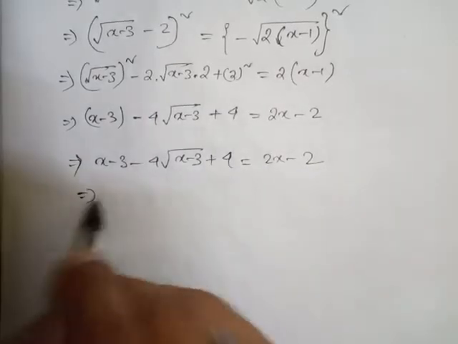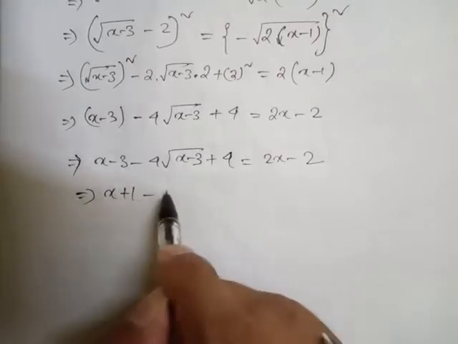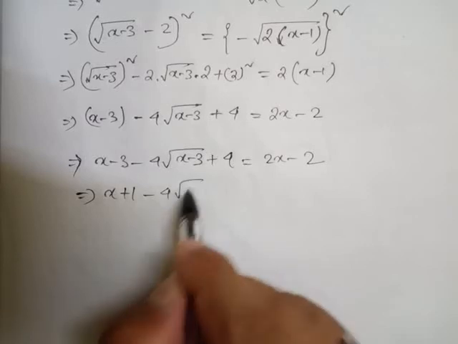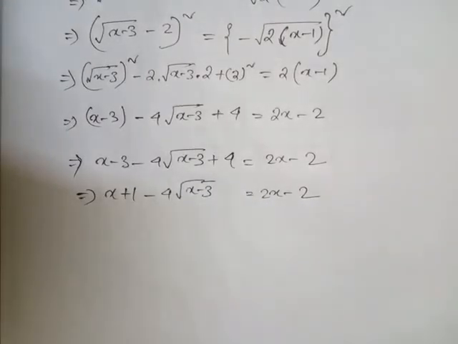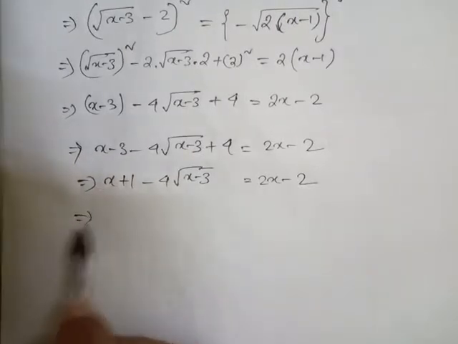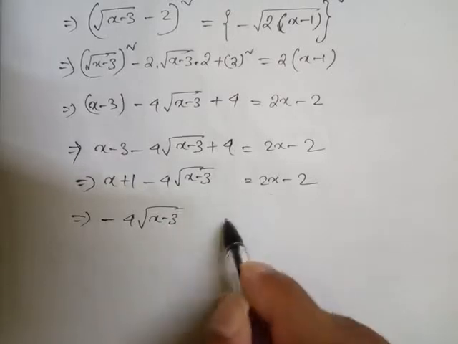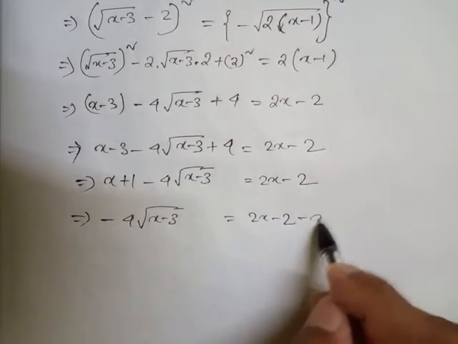Now next would be 4 minus 3, 4 minus 3 is 1, 4 and minus 3 means plus 1, and minus 4 root over x minus 3, then twice x minus 2. Next would be here, look, then minus 4 root over x minus 3 equal to twice x minus 2, and we'll take this value on this side, become minus x and minus 1.